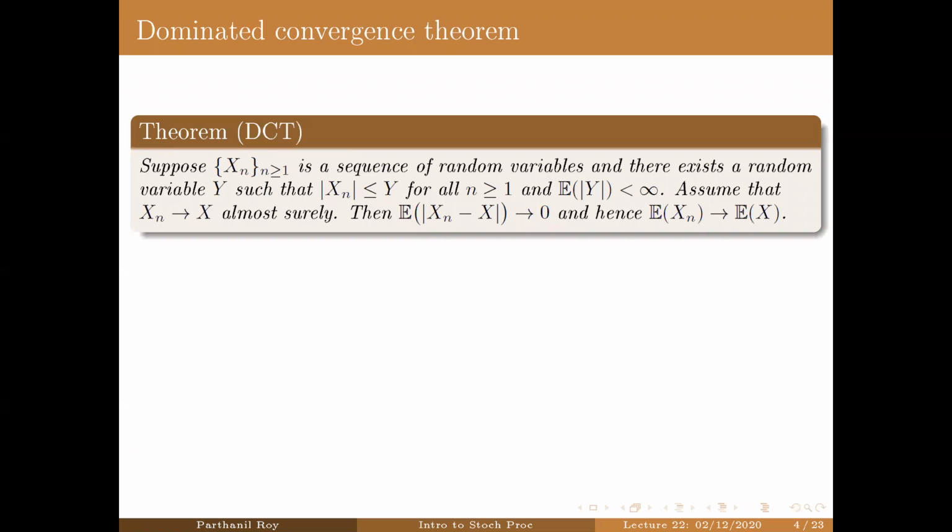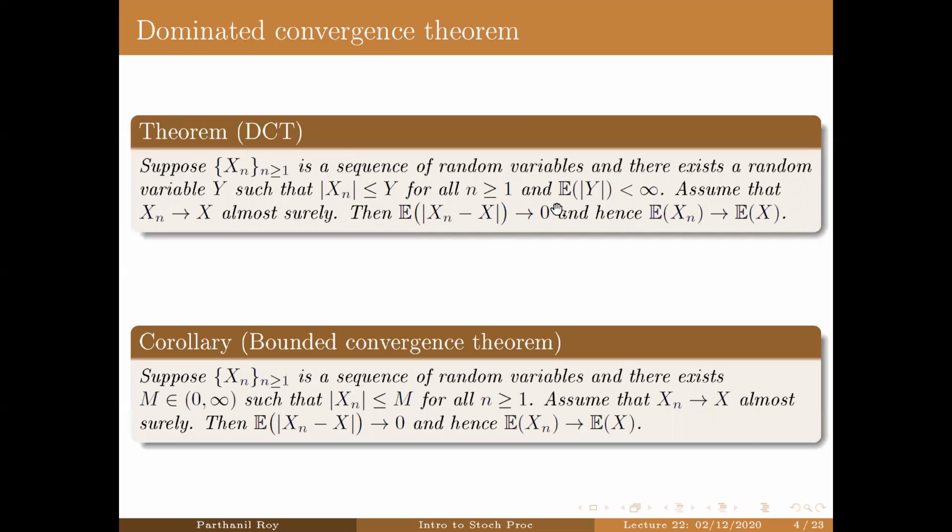Then another theorem that ensures convergence of expectation whenever Xn converges to X is what is known as the dominated convergence theorem. In this case, suppose Xn is a sequence of random variables that converges almost surely to X, and in absolute value, each Xn is bounded by a random variable Y, which has finite mean. Actually, expectation of mod Y should be finite, but Y has to be non-negative, so the mod is redundant.